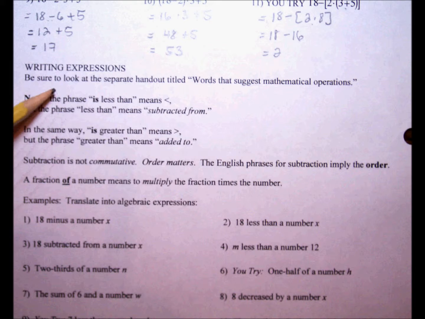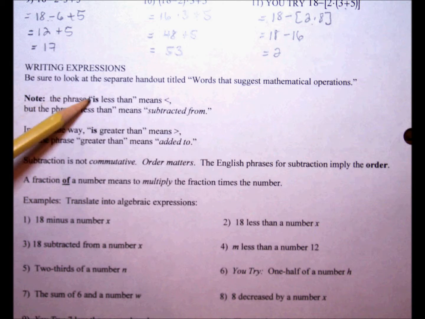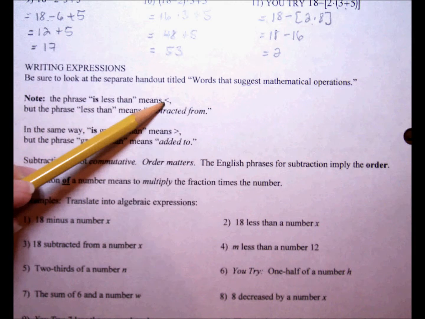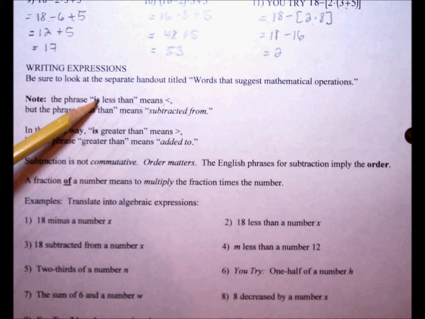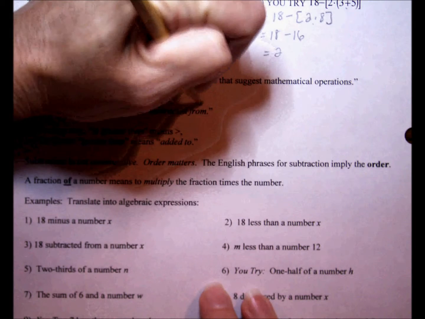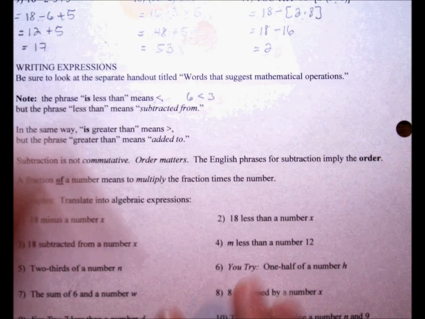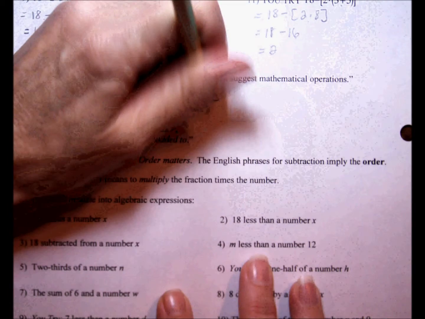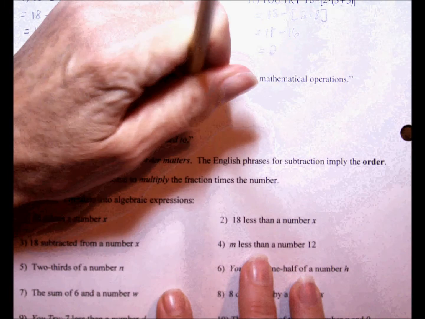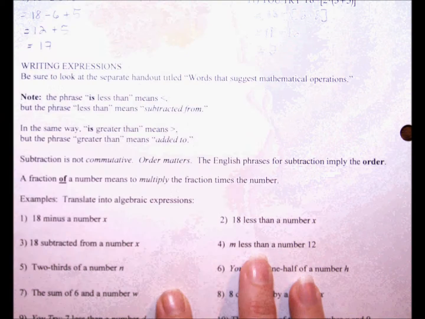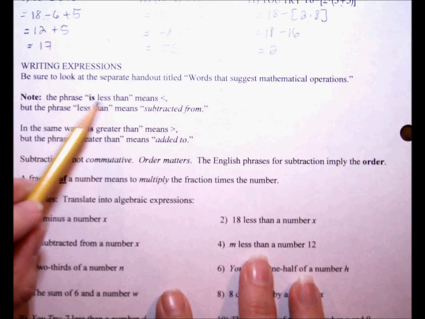And it has this little hint on there, because this is a really common mistake people make. The phrase "is less than" means this symbol. So if I have 6 is less than 3, I can write that as a mathematical expression. Well, 6 is greater than 3 would be a better one.